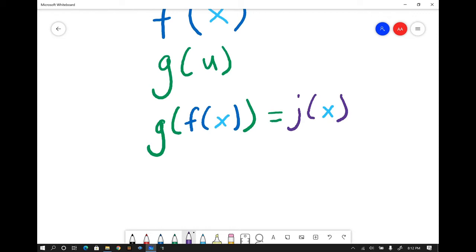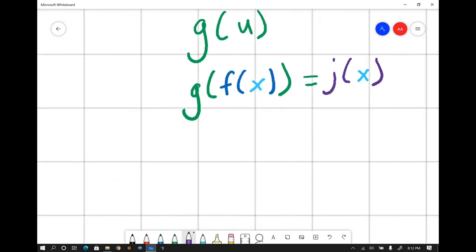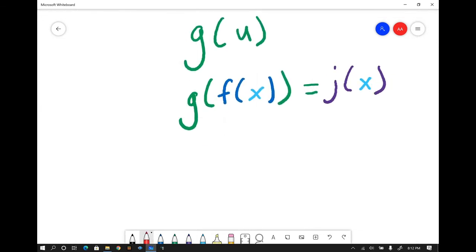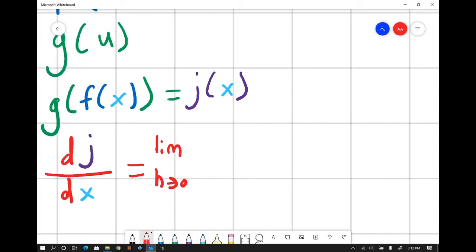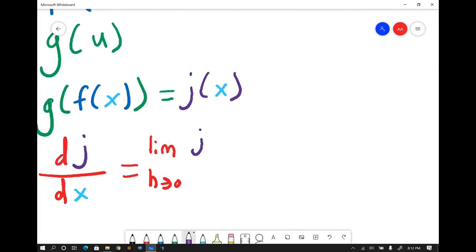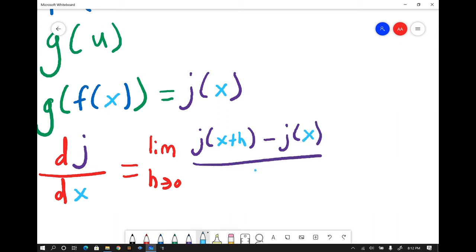Well, we can write the derivative of j of x as dj over dx, and that is equal to the limit as h goes to 0 of j of x plus h minus j of x, all divided by h.